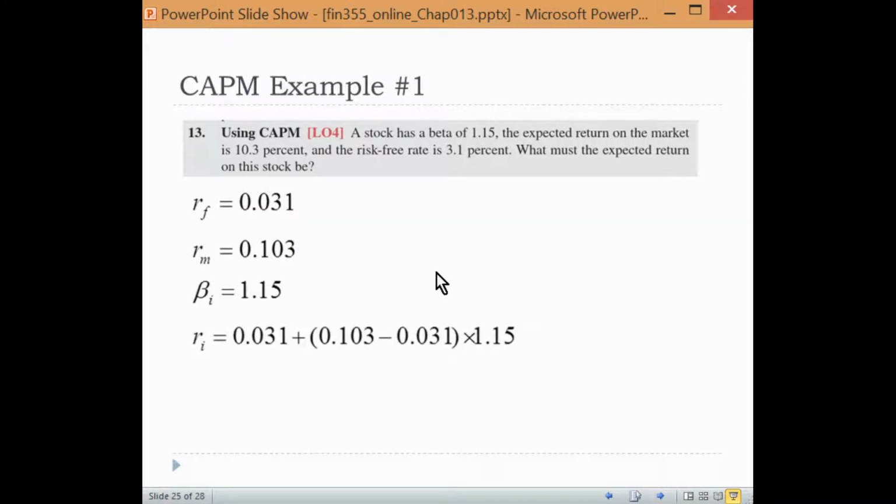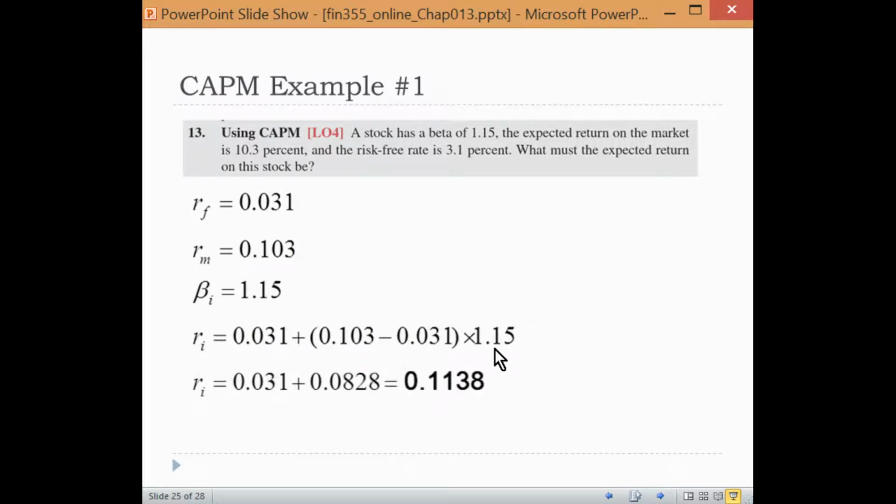You can see the calculations here. You have the CAPM formula from the notes, previous video, and so forth. The rate of return required on a security is the risk-free rate plus the market return minus the risk-free rate multiplied by beta. 3.1% plus the market risk premium times this particular stock's beta.